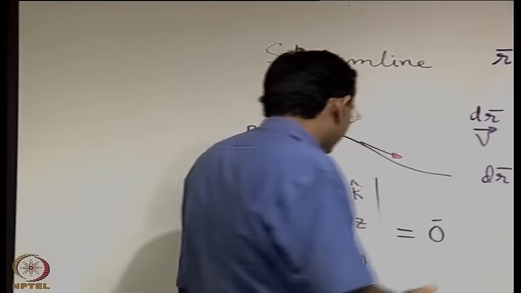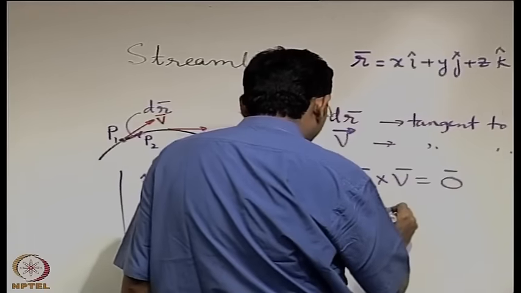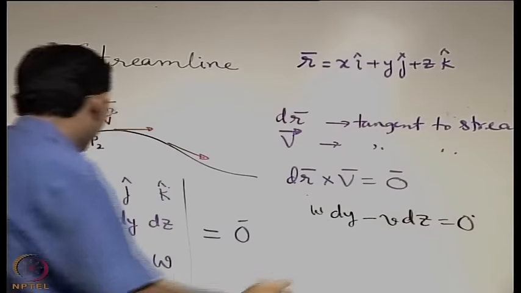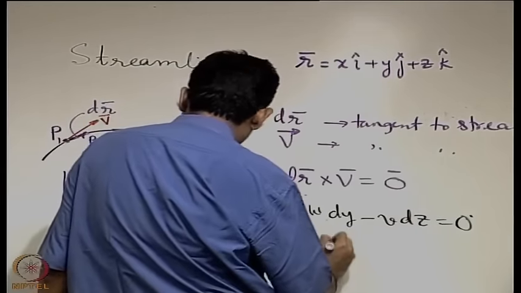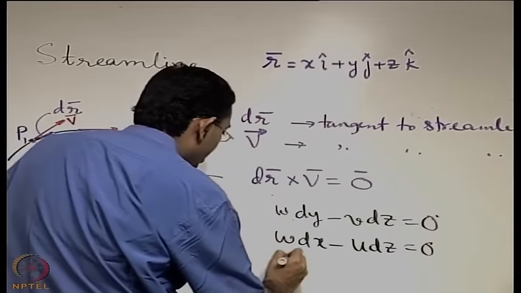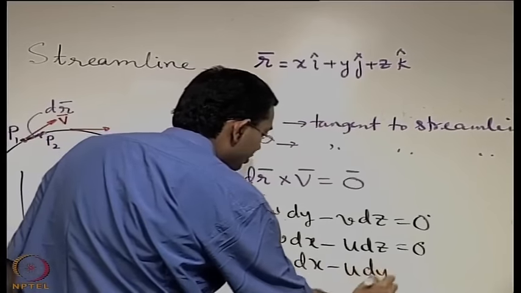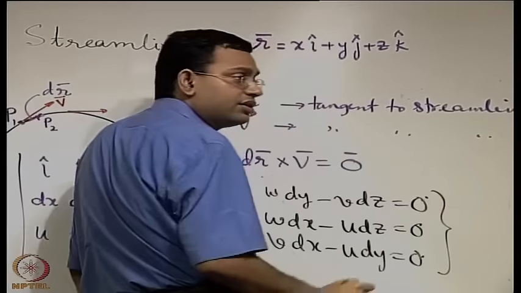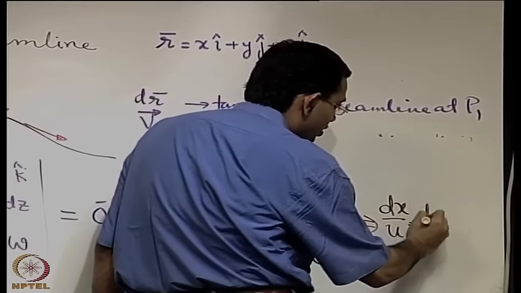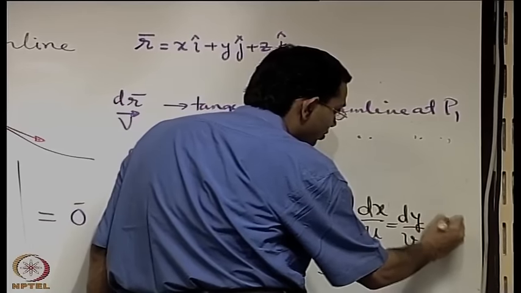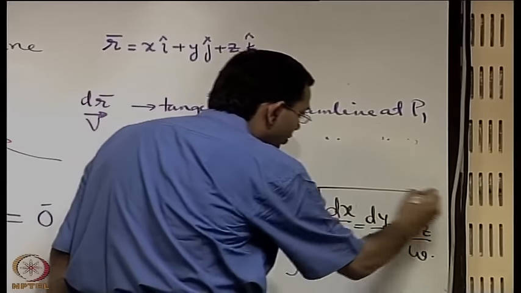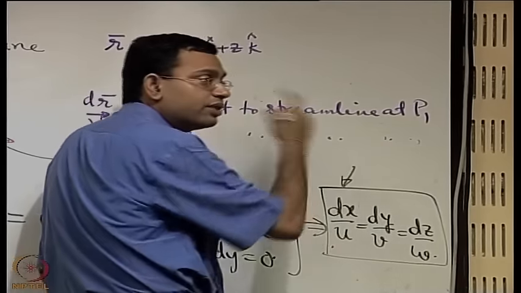So what are these scalar equations? w dy minus v dz equal to 0, then w dx minus u dz equal to 0, and v dx minus u dy equal to 0. So if you combine these three together, you can get a compact expression dx by u equal to dy by v equal to dz by w, which is nothing but the equation of the streamline. This is the locus that we are looking for.